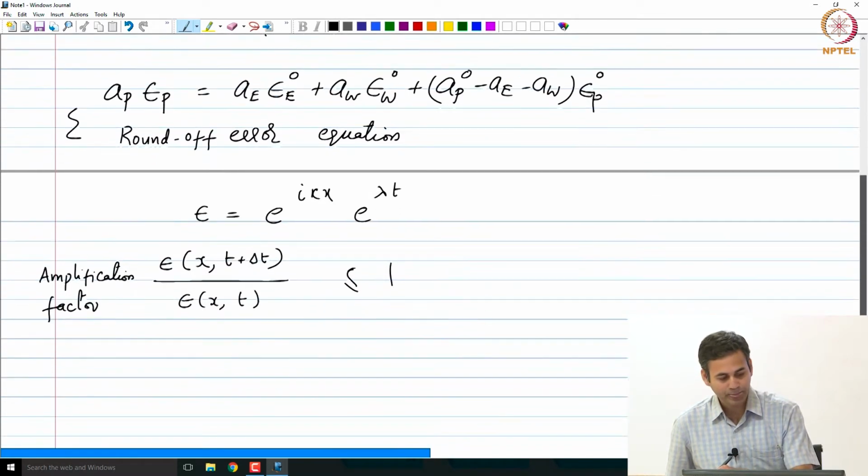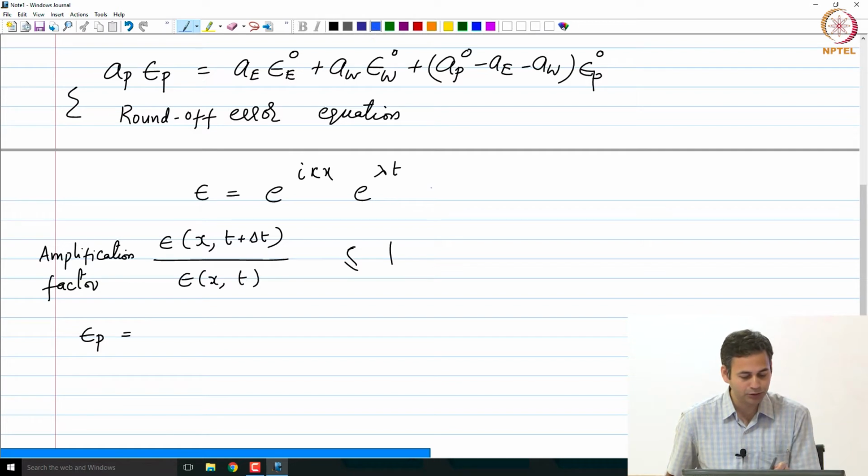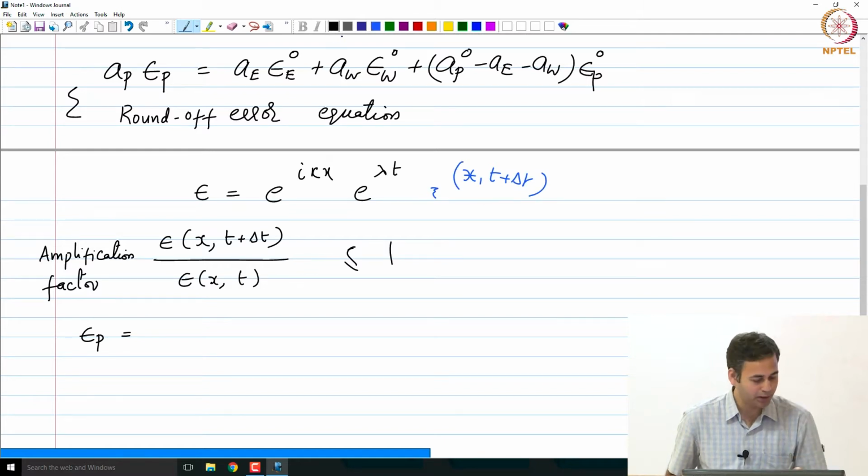Now, if we plug in the spatial and temporal values of the p, e and 0 superscripts into the definition for error, we will obtain all these quantities. So, epsilon p would be at x and at a time of t plus delta t, which gives epsilon p as e to the power I k x e to the power lambda t plus delta t.